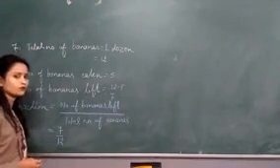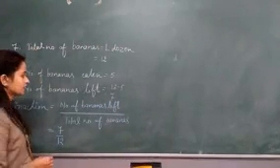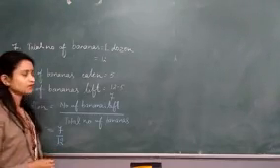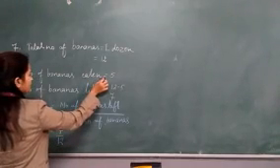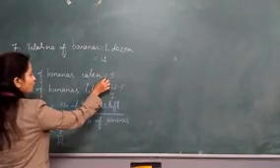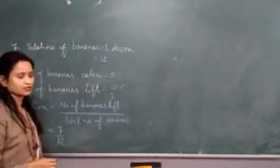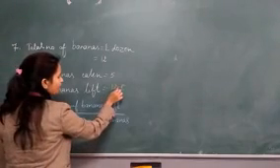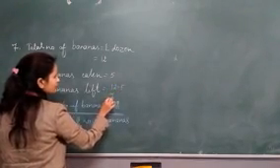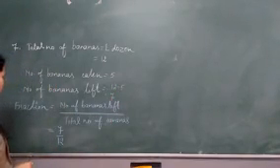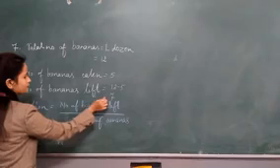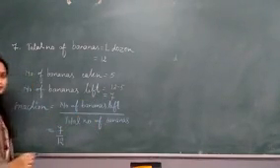So first of all we will find out the number of bananas left. For this we will subtract the number of bananas eaten from the total number of bananas. 12 minus 5, that is equal to 7. So the number of bananas left is equal to 7.